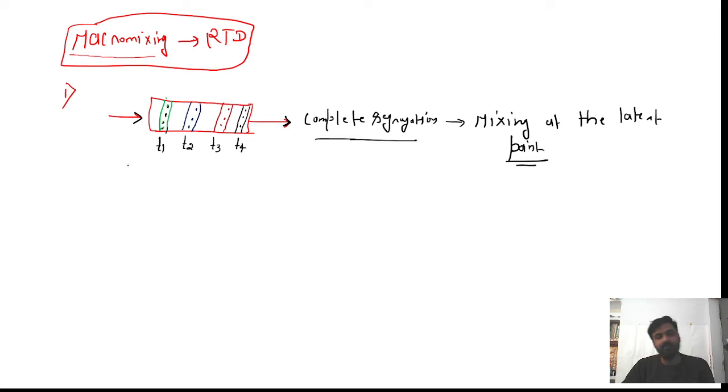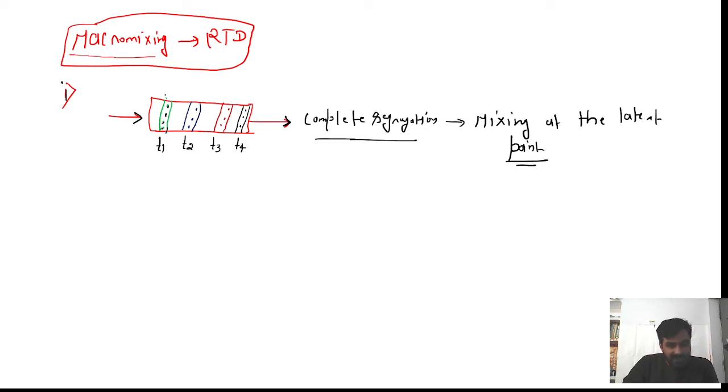So this is the objective of this session: how we can calculate the conversion by the complete segregation model. In this model, it is assumed that a group of molecules having the same residence time acts as an ideal batch reactor.